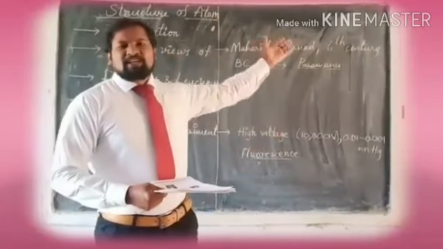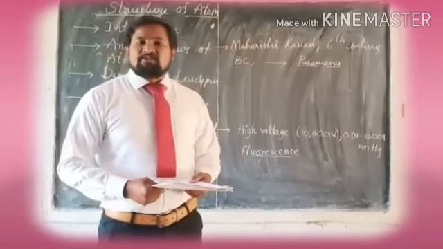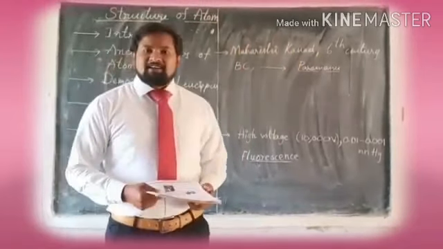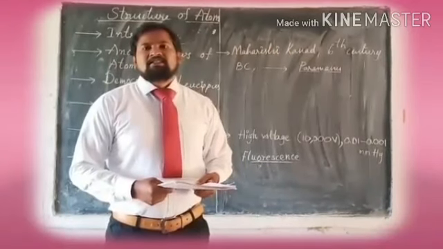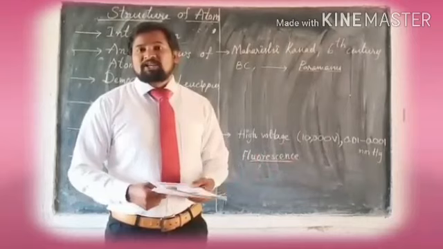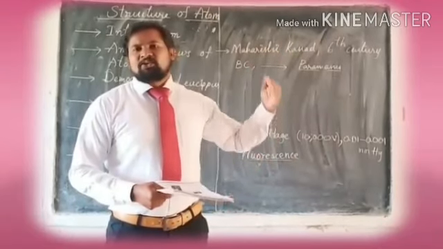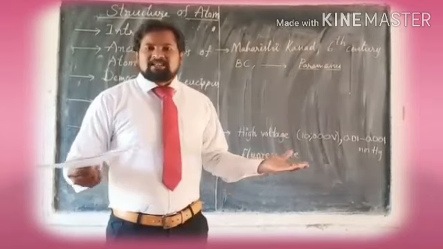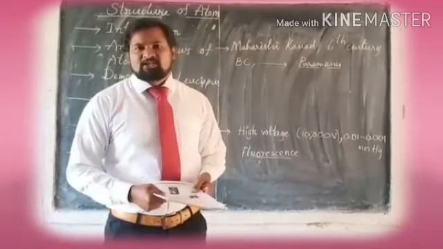In the 6th century BC, the great Indian philosopher Maharshi Kanad introduced his concept about matter. Before Maharshi Kanad also there were some concepts. According to Greek philosophers, matter that existed in this universe is made of four basic elements.